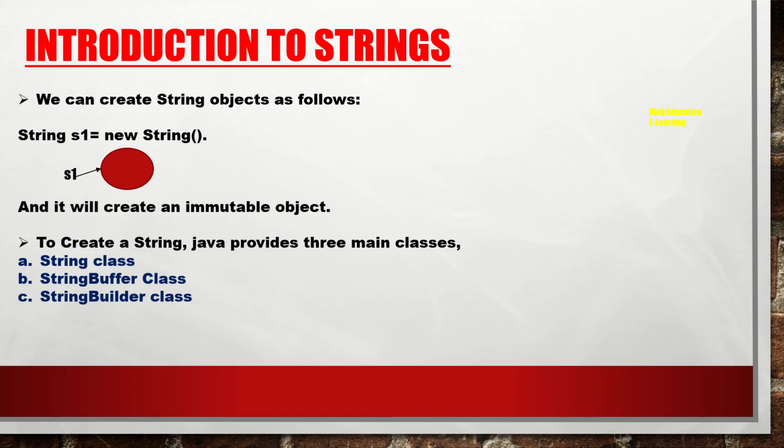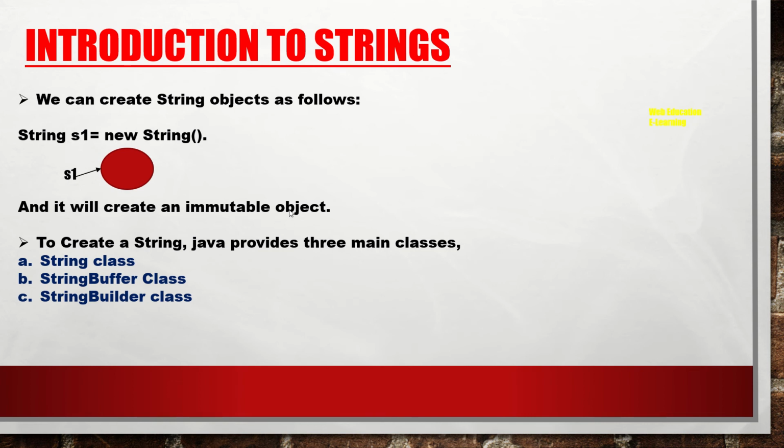In this case, whenever we create an object using string, it is being created inside an SCP memory area. SCP is basically a string constant pool, or it is known as string literal pool. That SCP memory area, I'll be explaining in detail in the next slide, is located inside a heap memory area. Whatever string type objects we create using the new operator will be immutable objects.